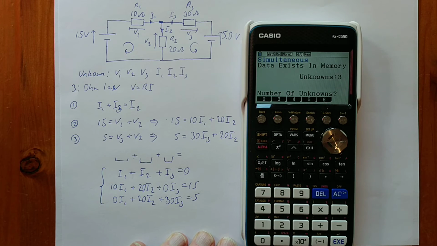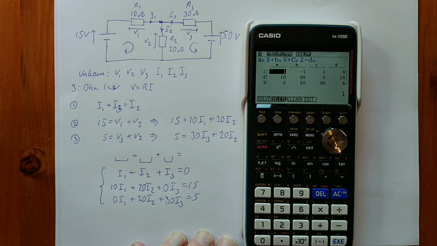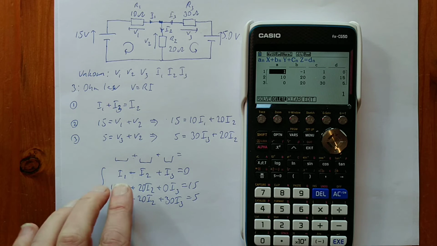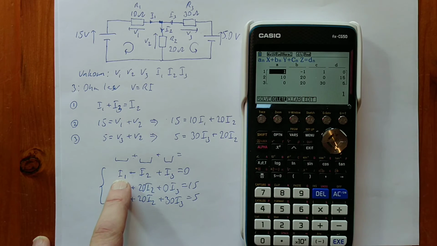Simultaneous equations, and the number of unknowns is 3. And here we enter the values for our 3 equations. So remember now the x, y, and z are the I1, I2, and I3, and the an, bn, and so on are the constants in front of this.